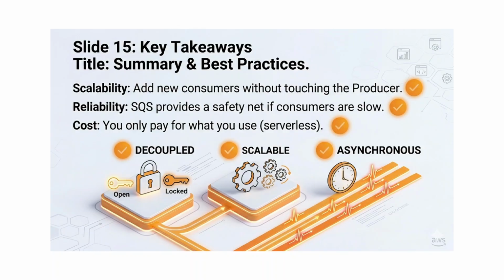Because you can add 100 more queues without changing your producer code. Why is it reliable? Because SQS buffers your data for a long time. Even if the end consumer is down for some time, the messages will still be there in the queues and you can process them later. And the cost: because it's all serverless, you only pay for the messages you send.